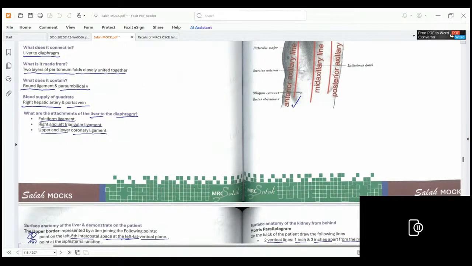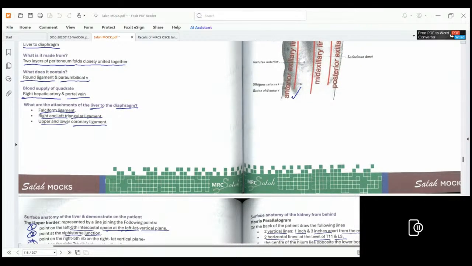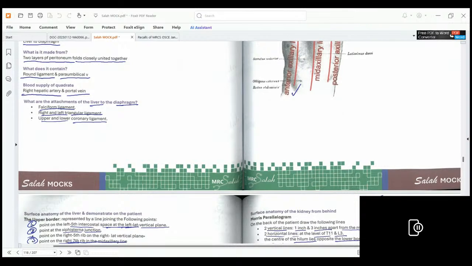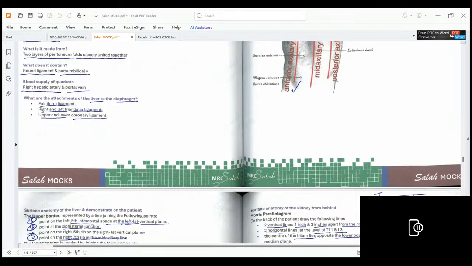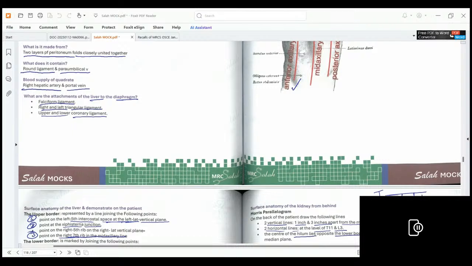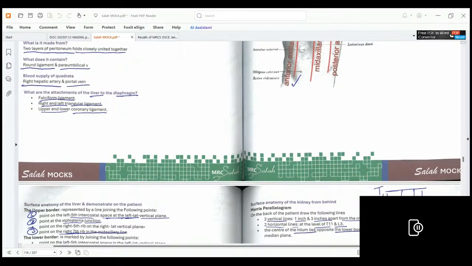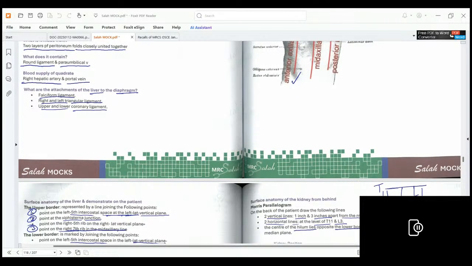It is a vertical line that runs down from the anterior axillary fold. Yes, very good.